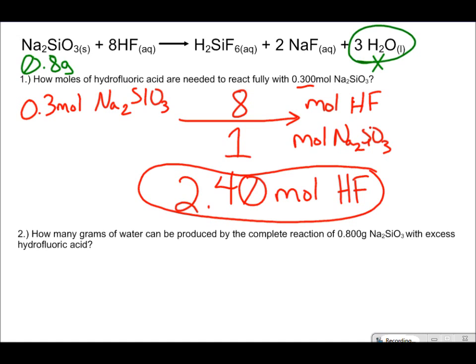Unlike before when I started with moles, I can't just go through the mole-to-mole ratio. Before I can do that, I have to figure out how many moles of sodium silicate I have. So we set up another factor label, or another dimensional analysis.